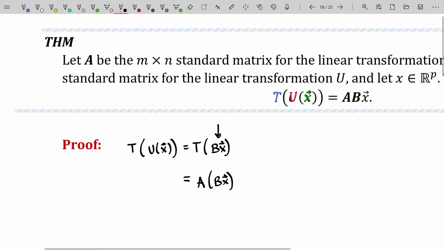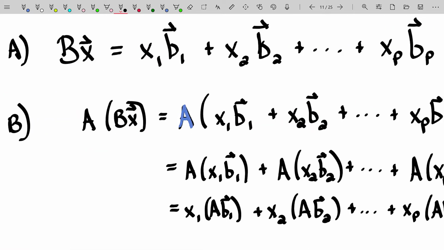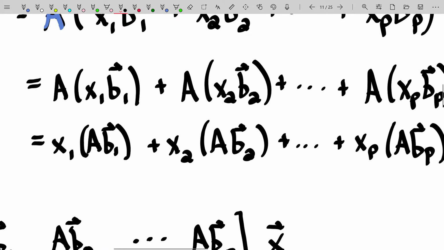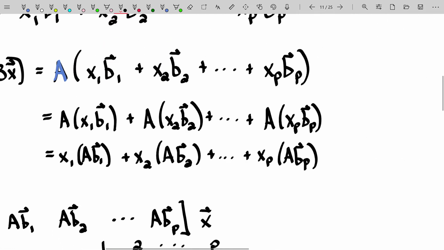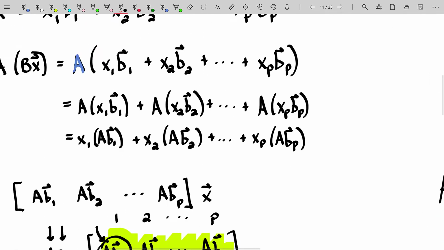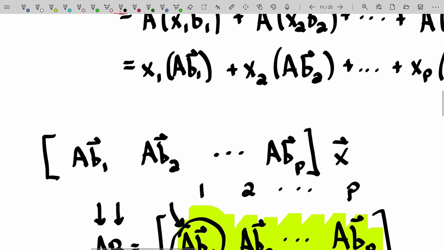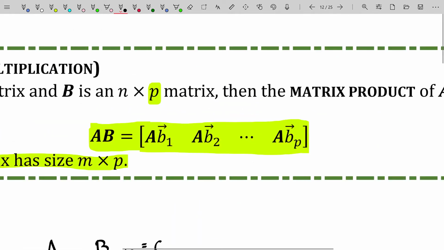But we've actually shown early on in this video that A times the vector BX is actually a linear combination of the vectors AB1, AB2, all the way to ABP, which by the way, is this right here, the matrix AB1, AB2, all the way to ABP, times X, and that is by definition A times B. We define that right here.